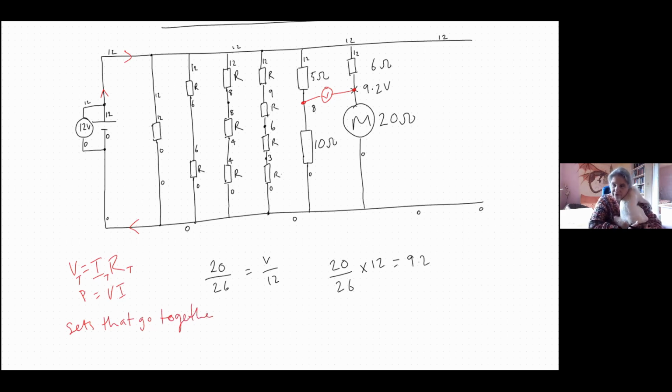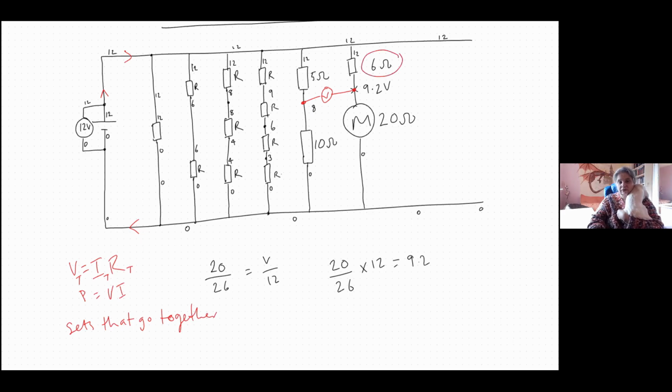Right, now when it says 9.2 volts on the wire from the calculation using 20 ohms, how do you know which resistor to use for the potential in that wire? It's the one that's attached to the 0. Because you could do the 6. Let's do the 6 ohm.